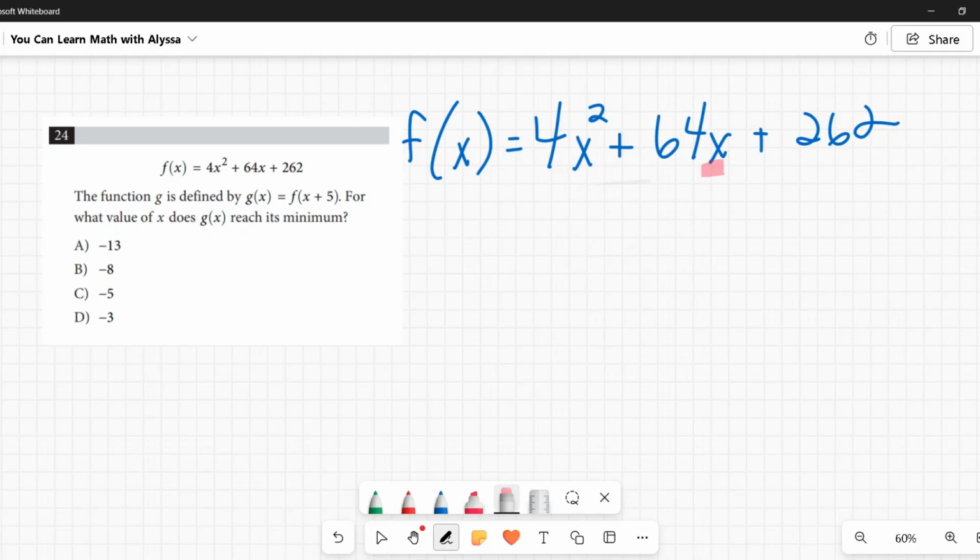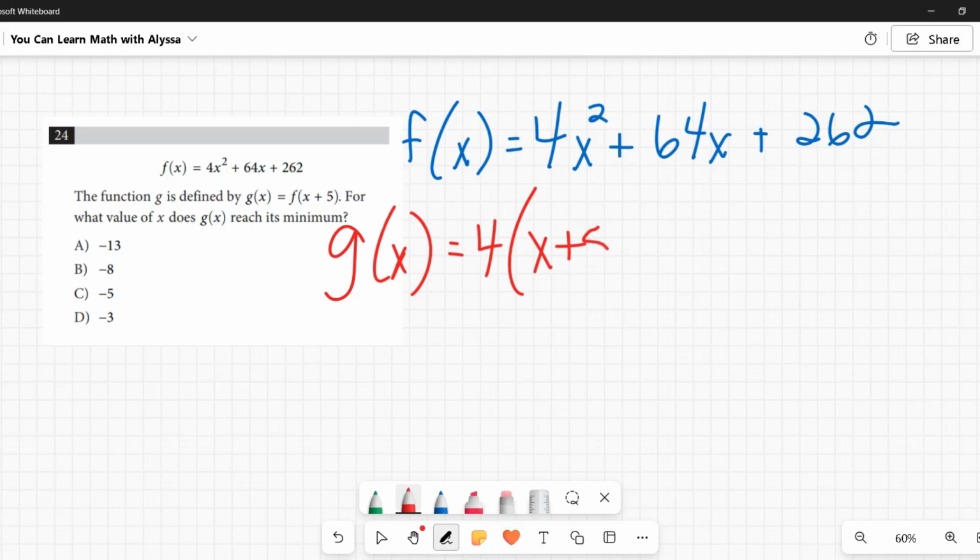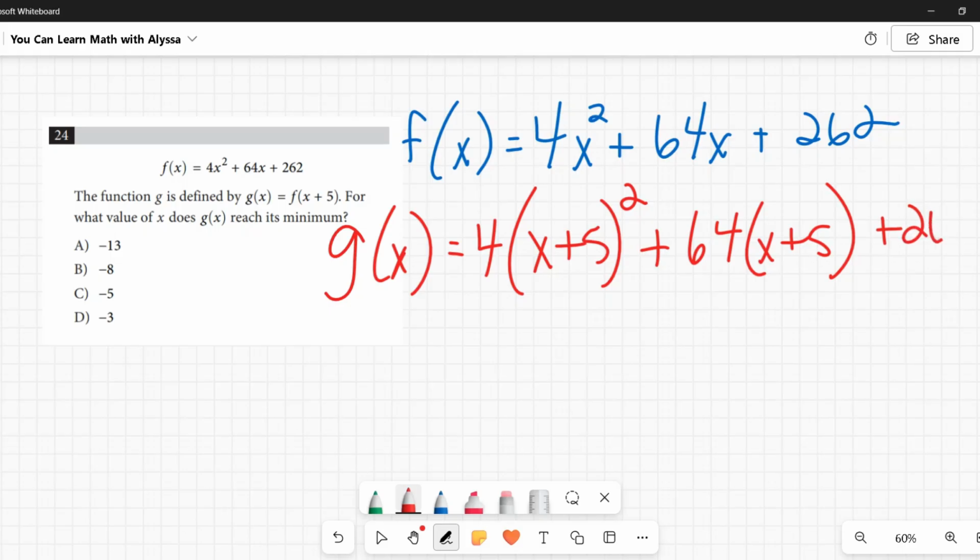So let's get to that. First, it is 4 times x plus 5 going in for x squared plus 64 times x plus 5 plus 262.